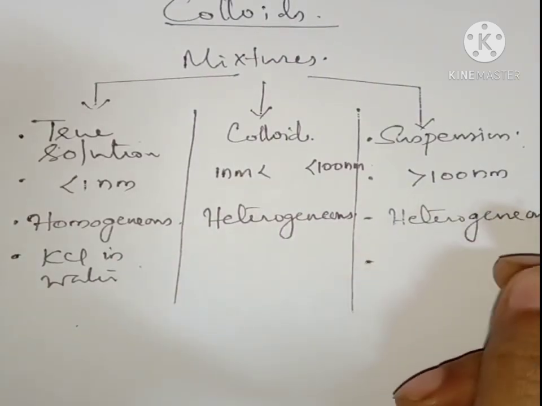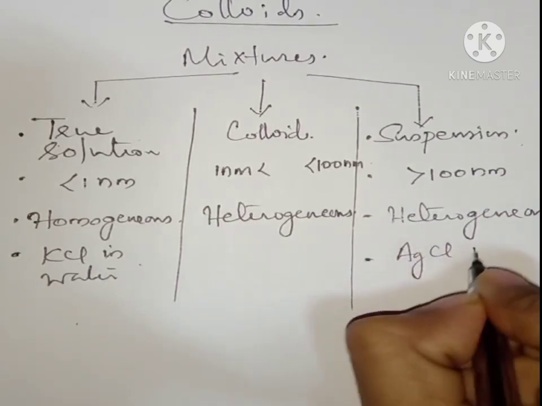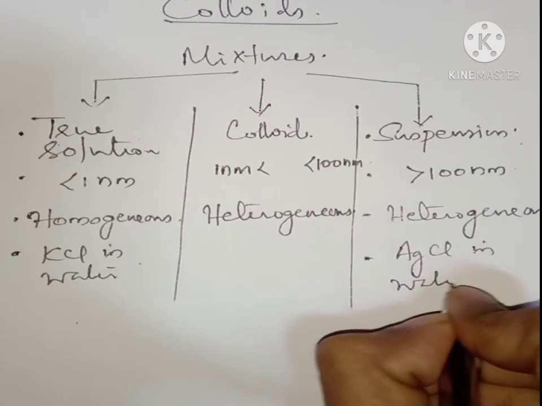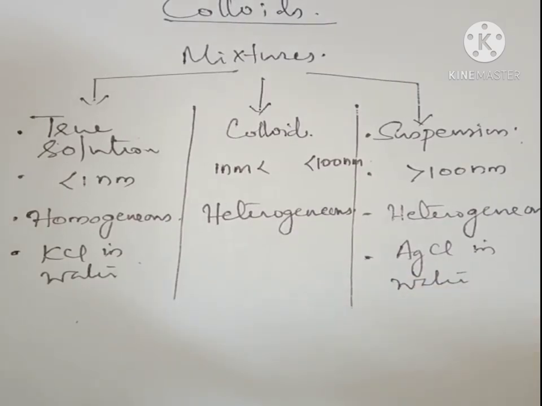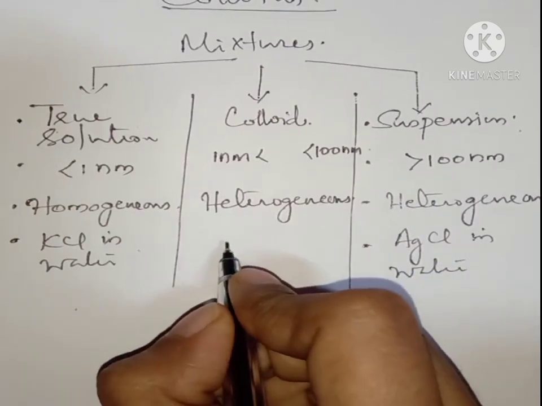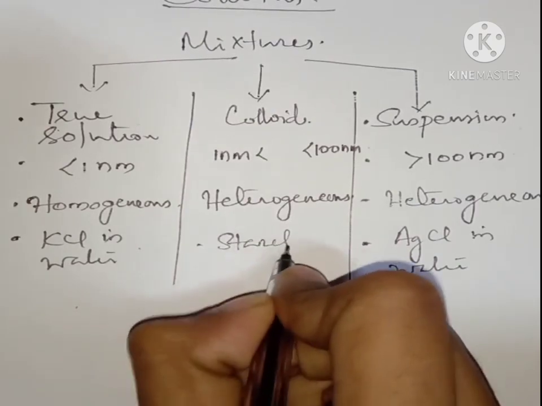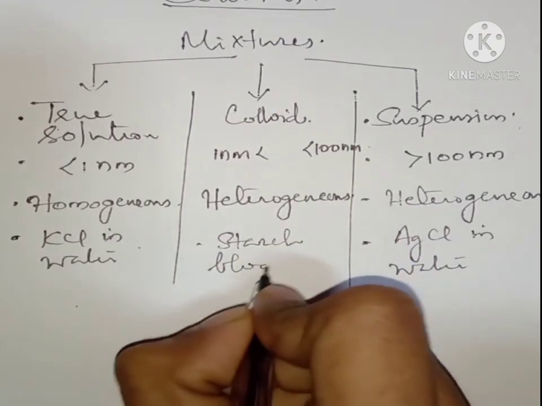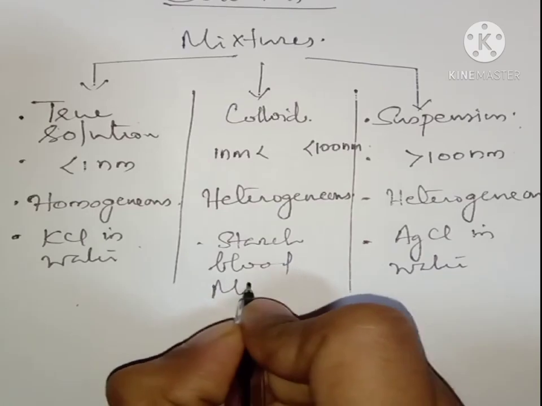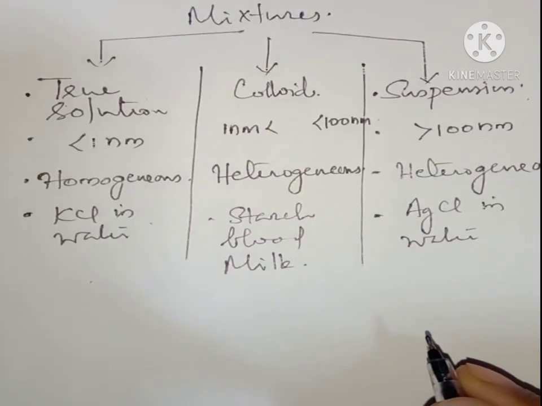Then coming to suspension, AgCl, silver chloride in water, is an example of suspension. Colloids, so many examples are there. Starch, blood, milk, etc. are examples of colloids.